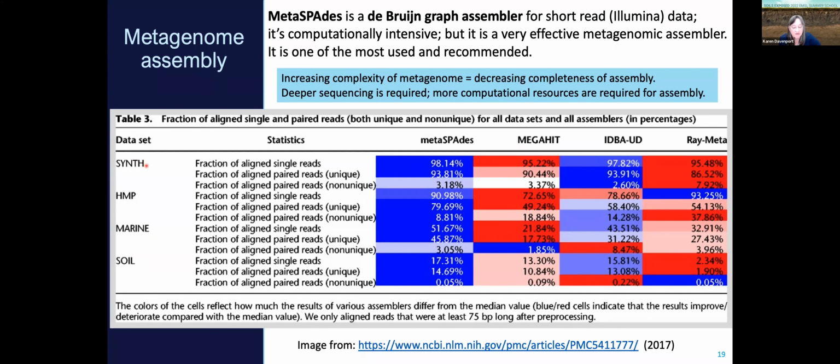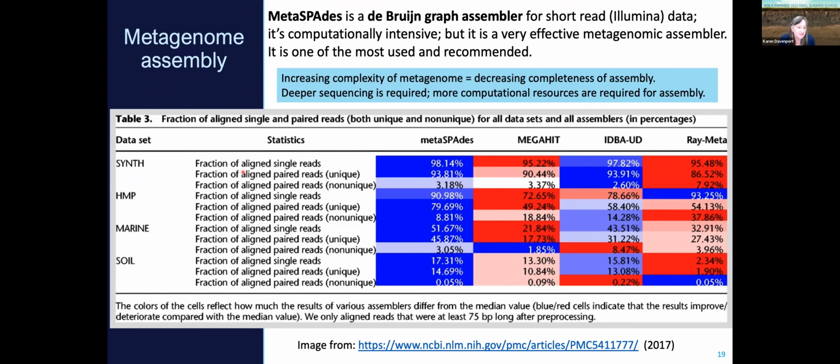This is a small synthetic metagenome. This is from the Human Microbiome Project, which is more complex. This is a marine sample, which is more complex still. And here's a soil sample, which is the most complex.